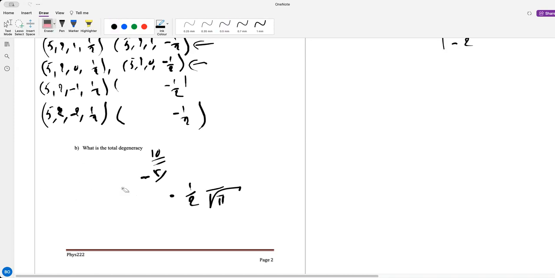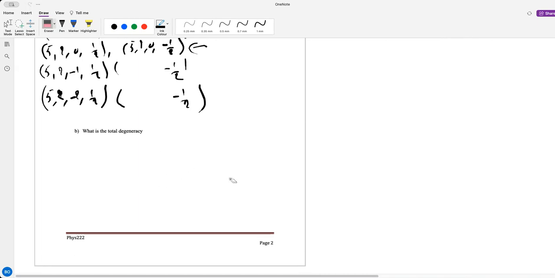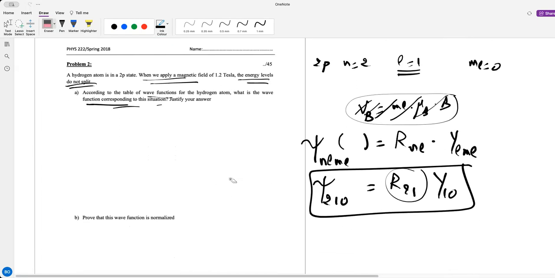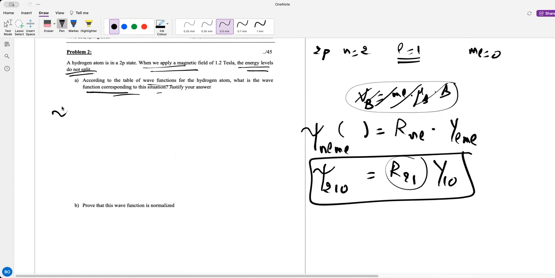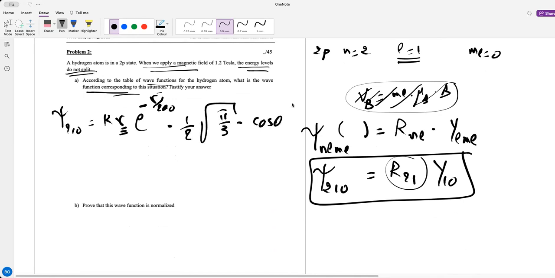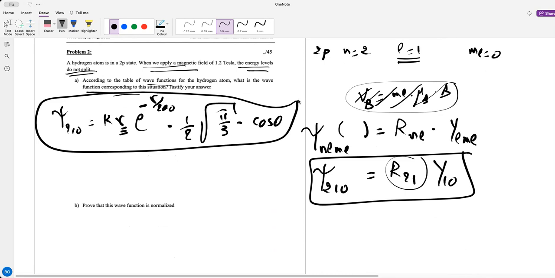Professor, this is different. Yes, thank you. So the wave function 210 is equal to K r exponential minus r over 2a0 times 1/2 square root of 3 over pi cosine theta. This is the wave function.